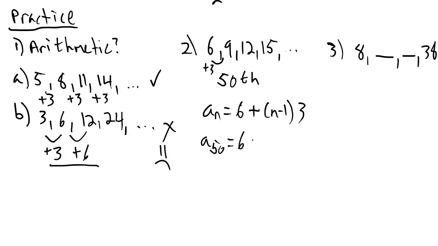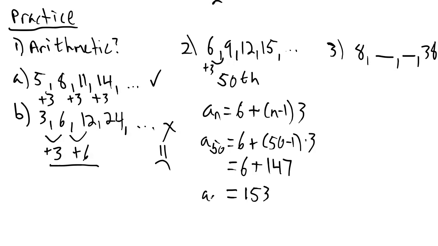Well, it's going to be 6 plus 50 minus 1 times 3, or 6 plus 49 times 3, which is 147. So this is 6 plus 147, or 153, will be the 50th term in the sequence.